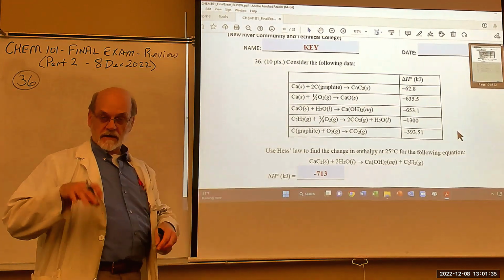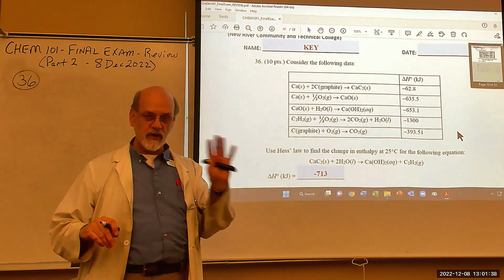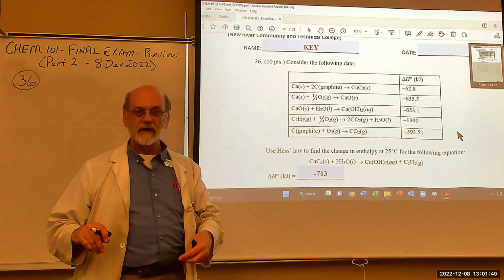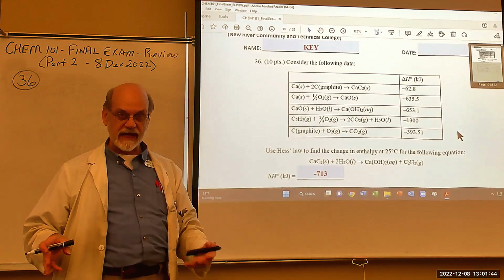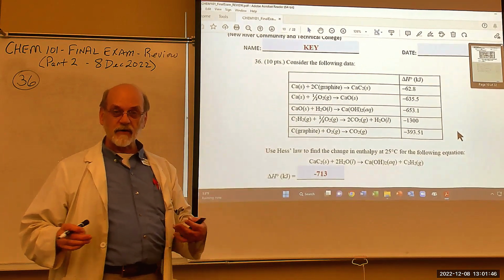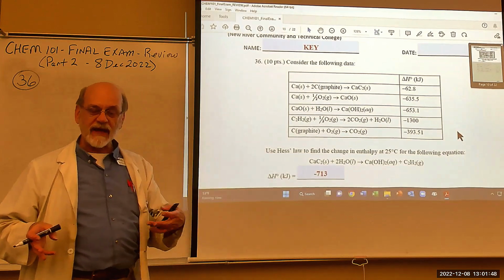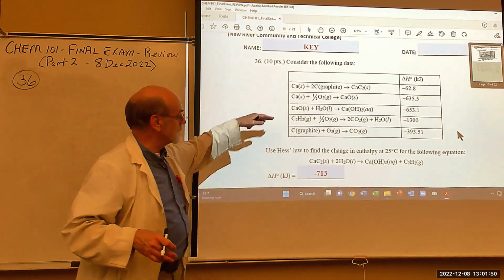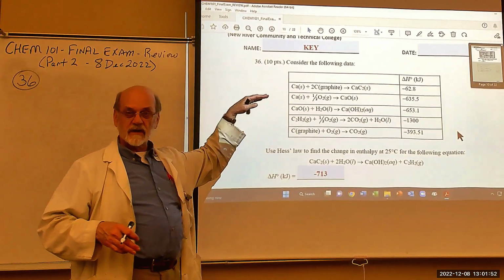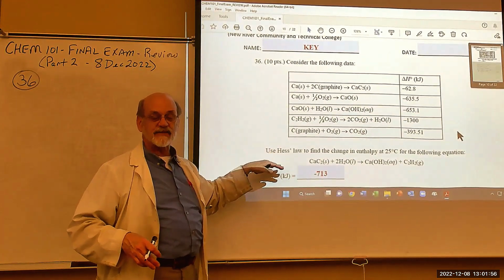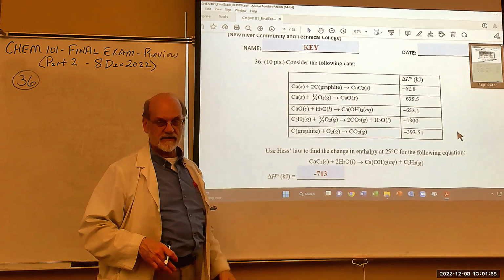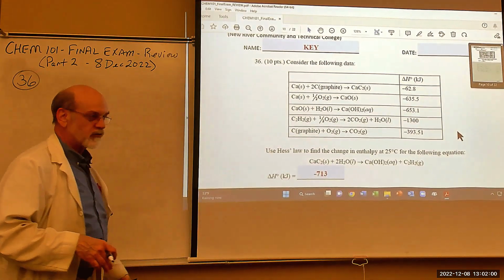That is, reactants have to be on the proper side, products have to be on the proper side. Coefficients have to match in the end. And if there are any compounds or elements in these component equations that are not in the final equation, they must cancel during the addition process. So we have to remember the rules.